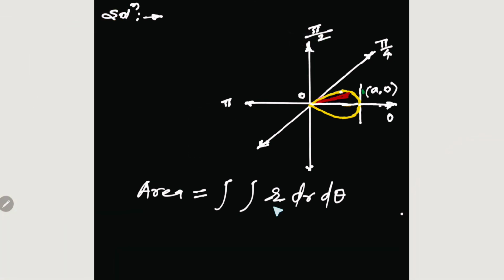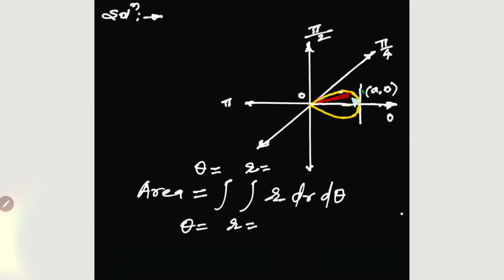That dx dy we replace by r dr d theta. And in polar form, your first integration is always with respect to r, and then with respect to theta. Therefore, we have to make an elongated strip like this.